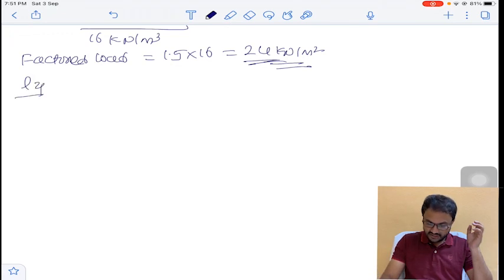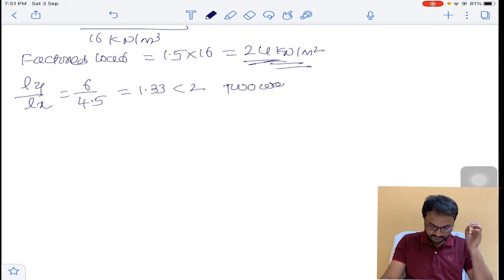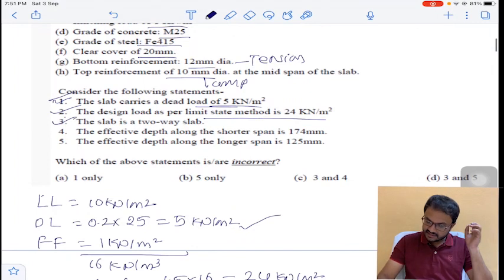We need to calculate Ly by Lx, 6 divided by 4.5. The value is 1.33. So this is less than 2. When the longer span to shorter span ratio is less than 2, this will be a two-way slab. Clear? So statement 3 is also correct.